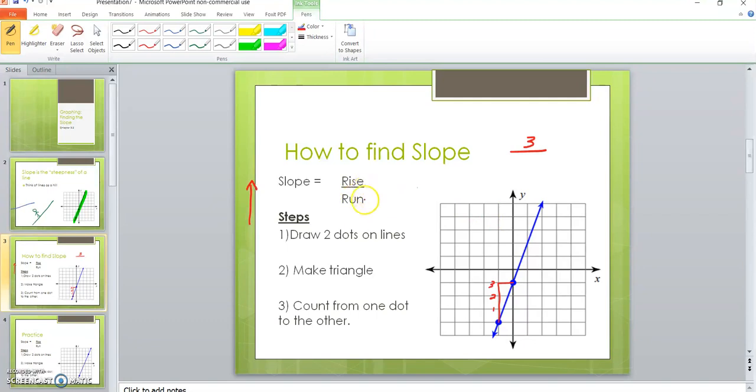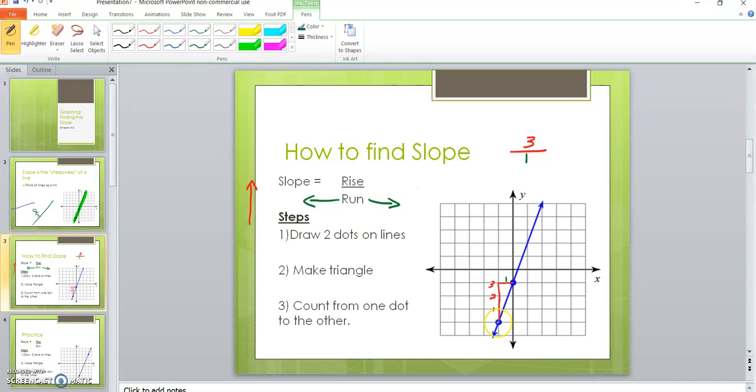And now we're going to find the run. So running means to go left or right. So we're right here, and now we're going to go 1 over. So our slope is 3 over 1. So let's just recap this for a second.